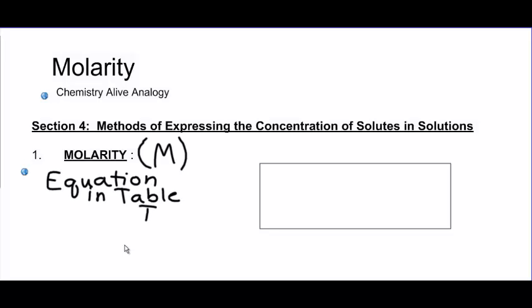And what molarity is equivalent to is the moles of solute. The solute is whatever we're dissolving, but it must be moles. Pay attention, it's moles. Because they're going to get wicked tricky on you, and they're going to give you grams instead of moles.